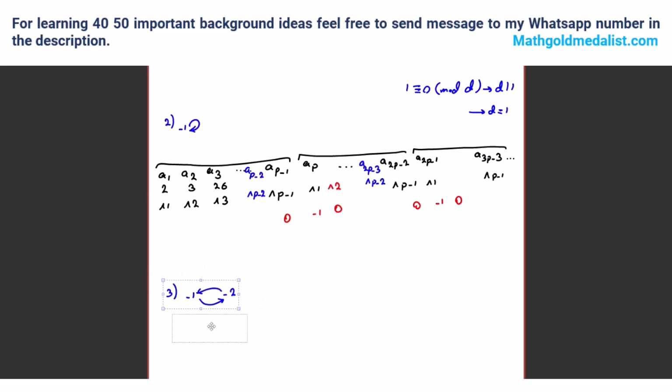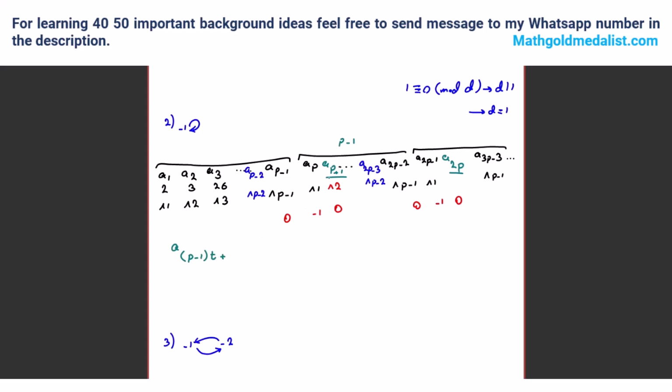And we can say we wanted negative 1 or 1. And this is 0. So this is a^(p+1). This one is 0. a^(2p) is also 0. So these numbers are what? Because the length is p minus 1, we can say a^((p minus 1)t plus 1), for example.